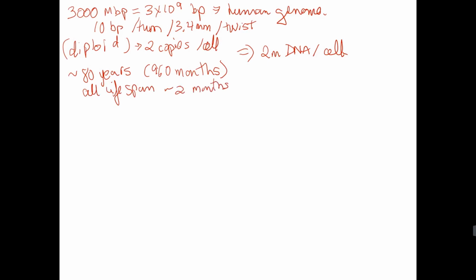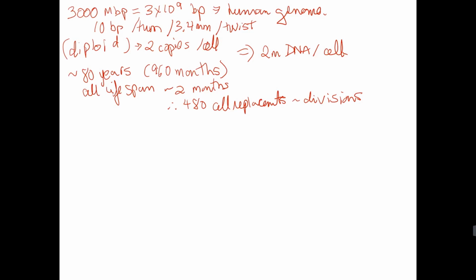So that means you have about 480 cell replacements or divisions occurring, in other words, cell replacements in an average lifetime. Of course, before a cell can divide, what does it have to do? Given that we're talking about DNA replication, it really has to replicate its DNA.